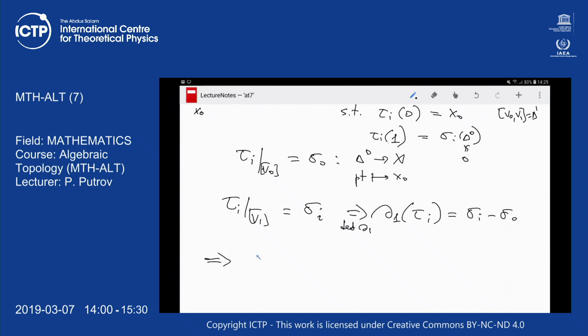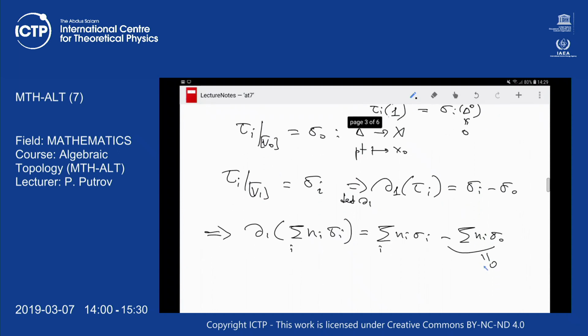And then, if you take D1 of the sum of n_i Ti, then by bilinearity this gives this minus this. But of course, this is 0, because the sum of the n_i's is 0.